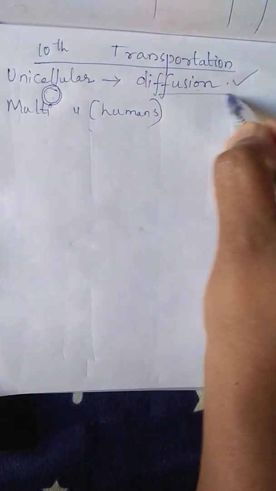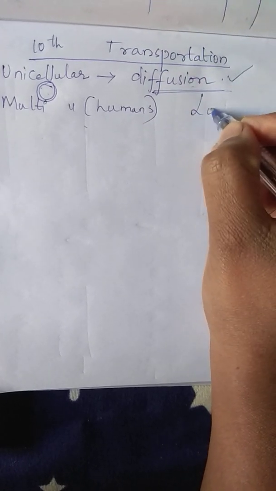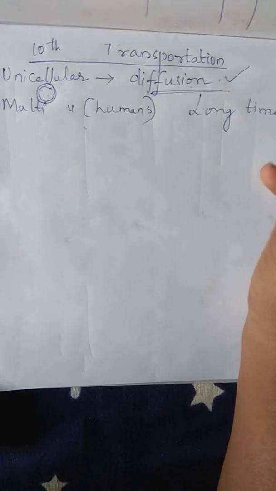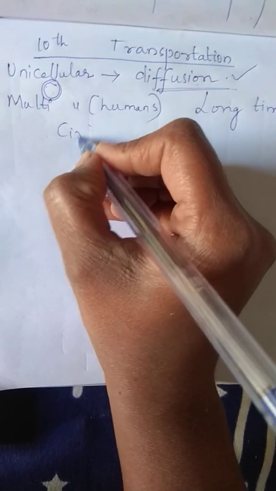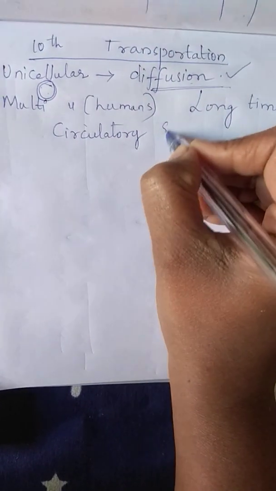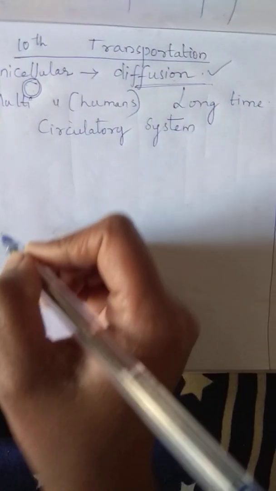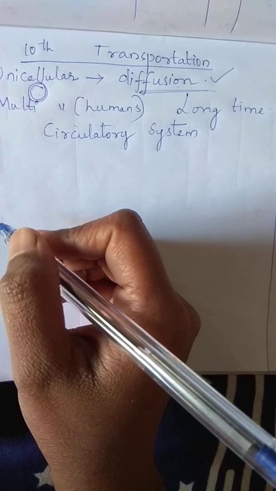If only diffusion is taking place, then it will take a very long time to transport. So instead of diffusion, we have a specialized system called the circulatory system. Why do we have a circulatory system? For the transportation of food and water. This is about transportation or the circulatory system.